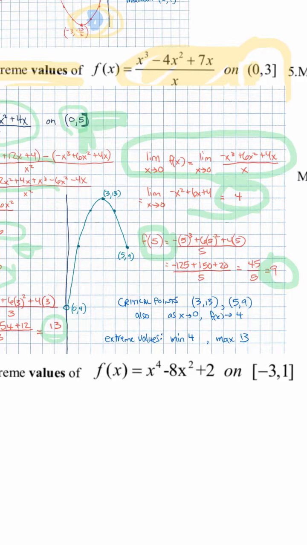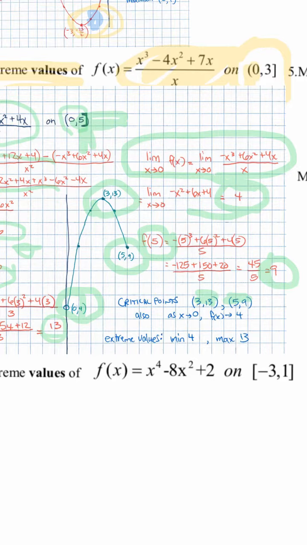So in the end, I have 3 points. I've got this point at 3, 13 that I got from that derivative and setting it equal to 0. I got this 5, 9, the endpoint on the interval that I chose, and this 0, 4, which is a hole. So my critical points are at 3, 13 and 5, 9.